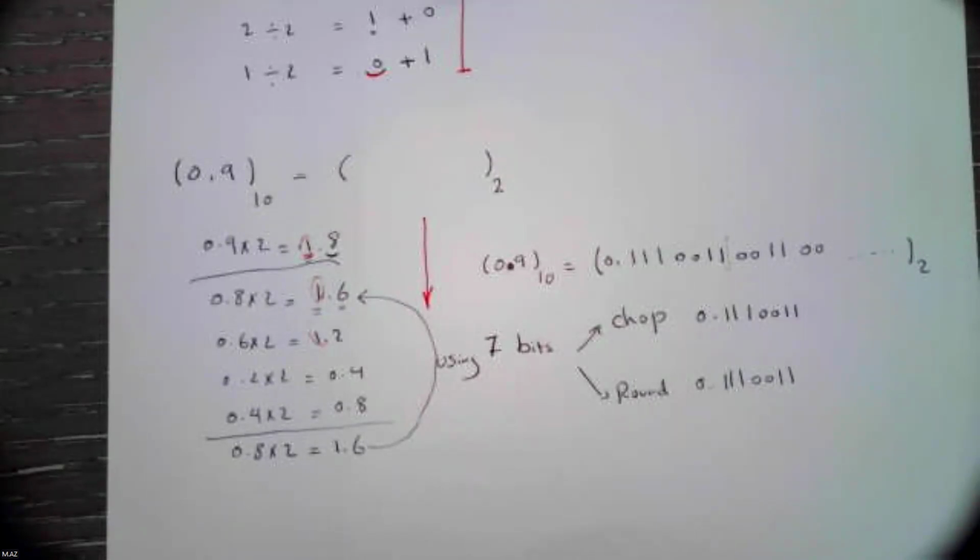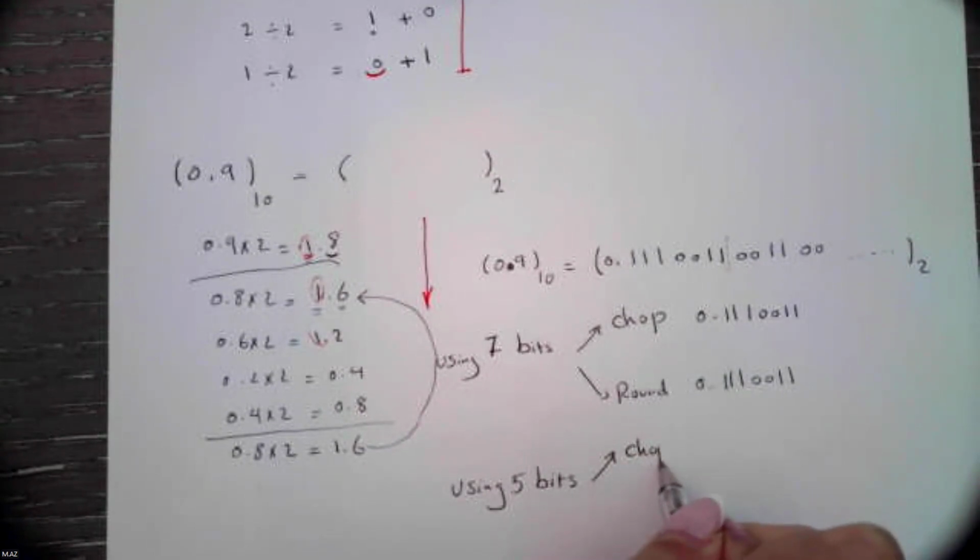But for example, if we are using 5 bits for storing this number on a computer, what is the number based on the chop and round?